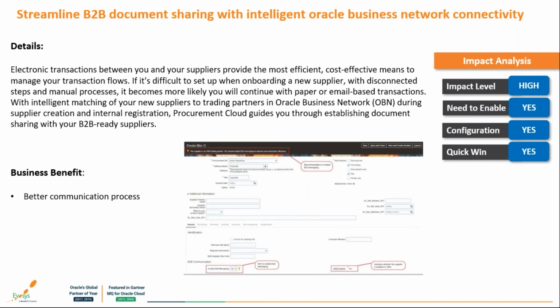Seamless connectivity to OBN makes the process easy to reduce supplier transaction cost, enhance transaction efficiency, and improve business agility. The most efficient and cost effective way to handle your transaction flow is through electronic transactions between you and your suppliers.